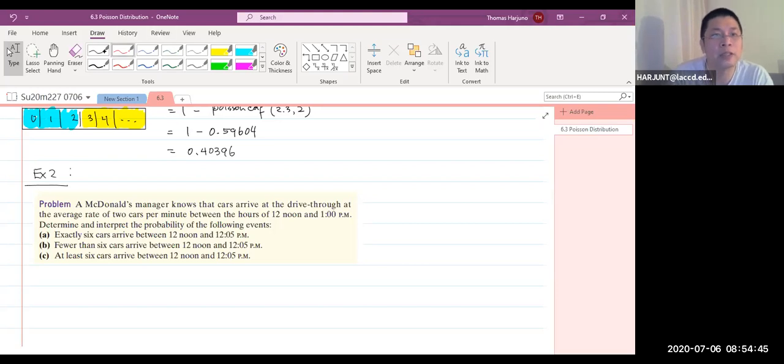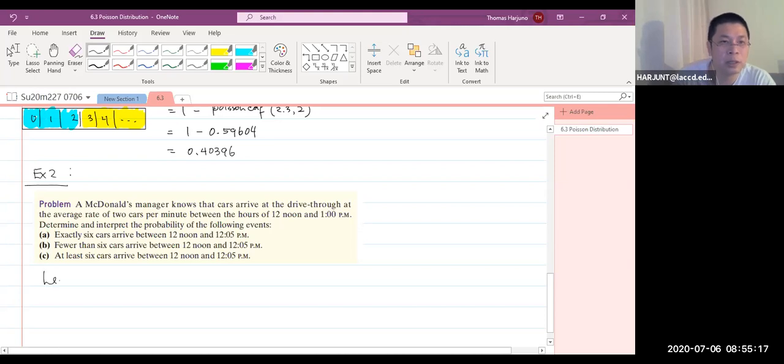Okay, let's see this example 2. I take this from example 2 in our book. Now let's start. A McDonald's manager knows that cars arrive at the drive-thru at an average rate of 2 cars per minute. So let's do that first.